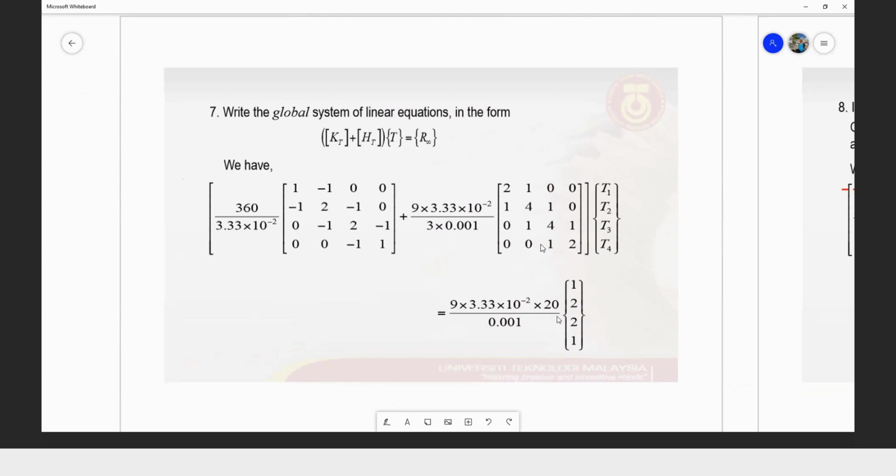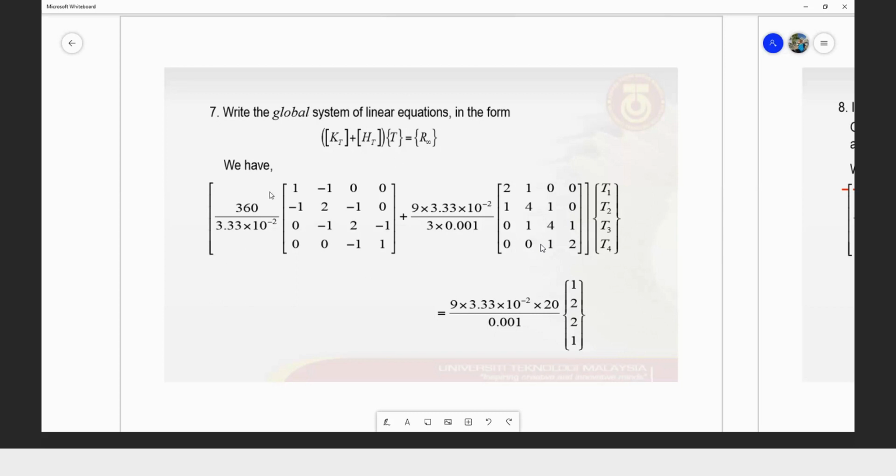Same as the previous topic, you have to assemble the global system of linear equations first before you eliminate the rows and columns, if we have boundary conditions that allow us to do it.